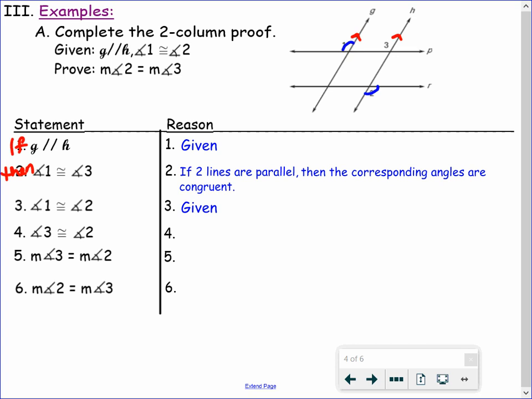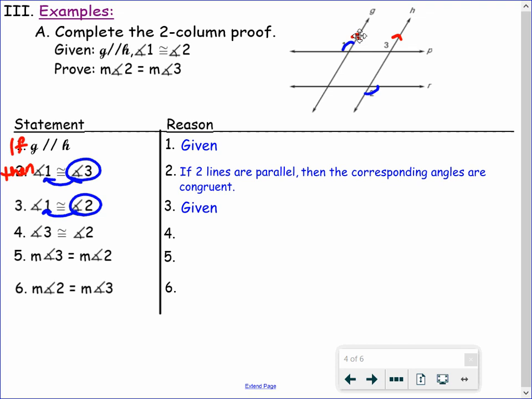So number 4, angle 3 is congruent to angle 2. Well, when was the last time we talked about angle 3? Well, it was up here in step 2. When was the last time we talked about angle 2? In a different step, in step 3. So how did they come together? They came together because they are both congruent to angle 1.